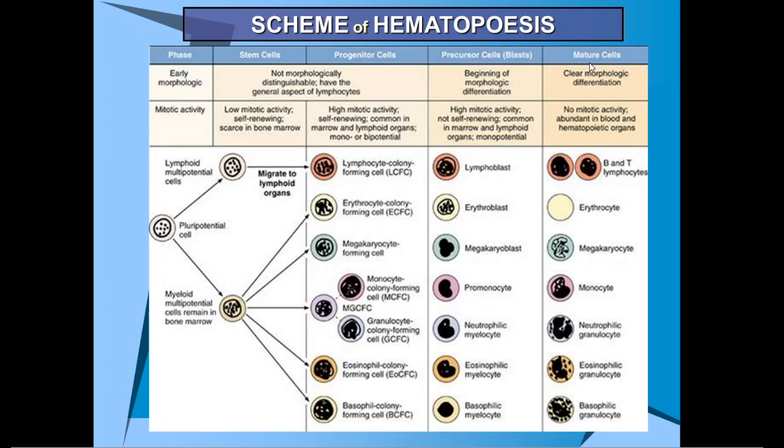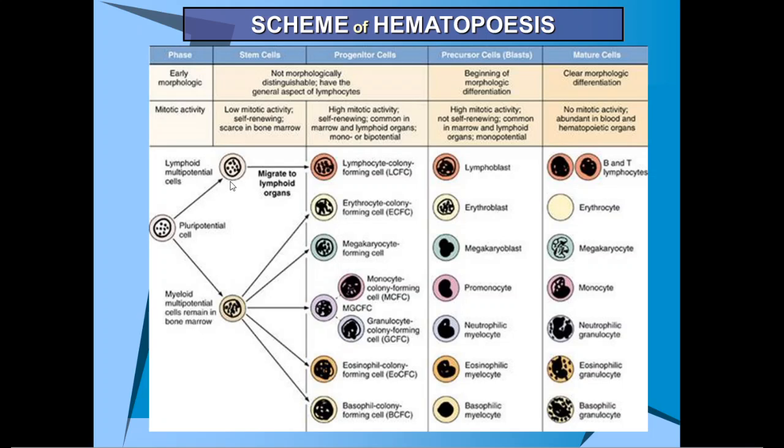And according to the stage of maturing of the cell, we will name the hemoblastosis, the exact tumor from hemoblastosis. That's why I'd like to repeat with you what exactly cells do we have in the whole process of hematopoiesis.